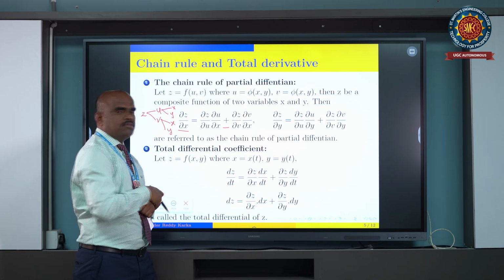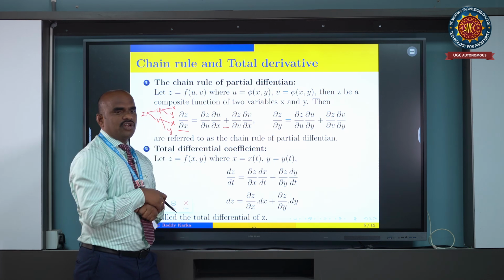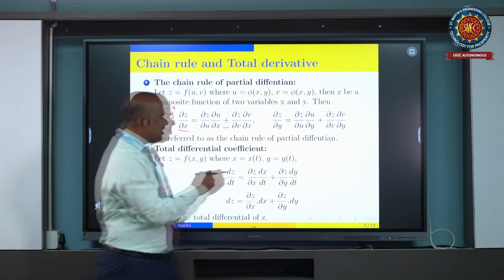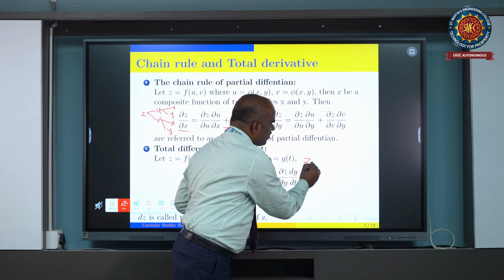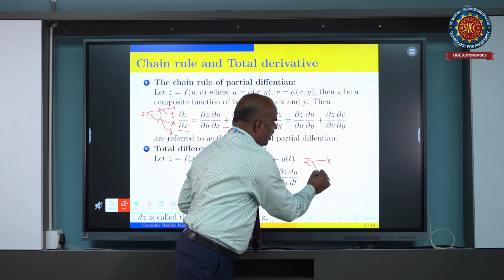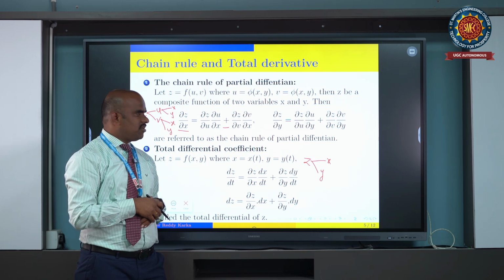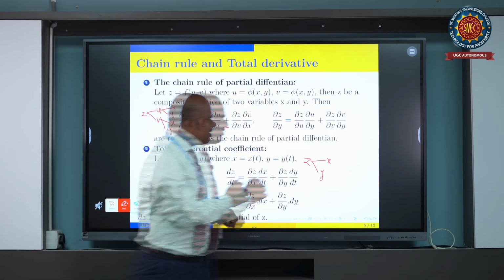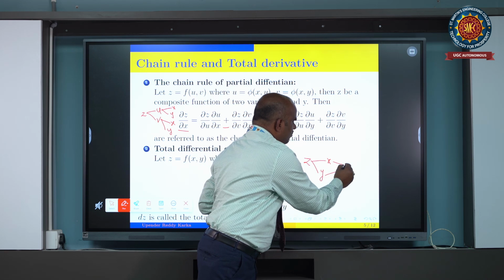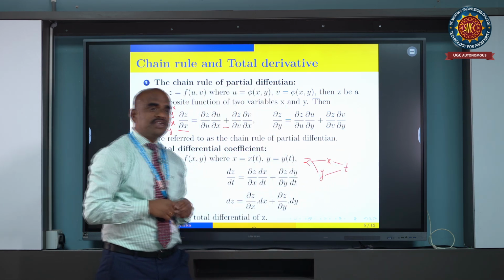Next, one more important definition, total differential coefficient. In this case, see here, z is a function of two variables x, y, but here again x, y are functions of one independent variable t.